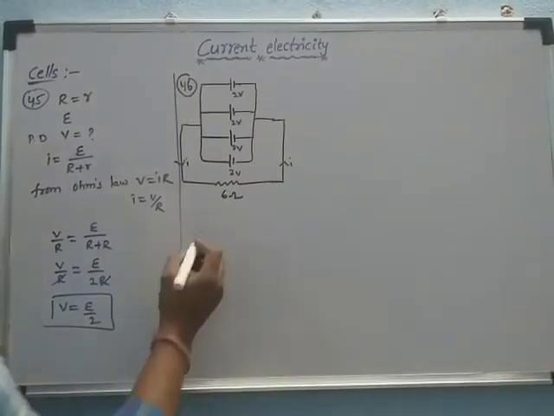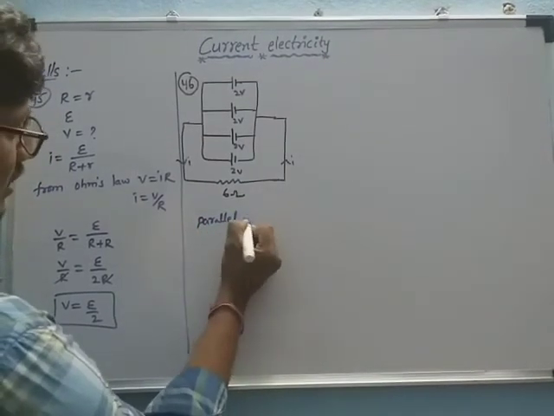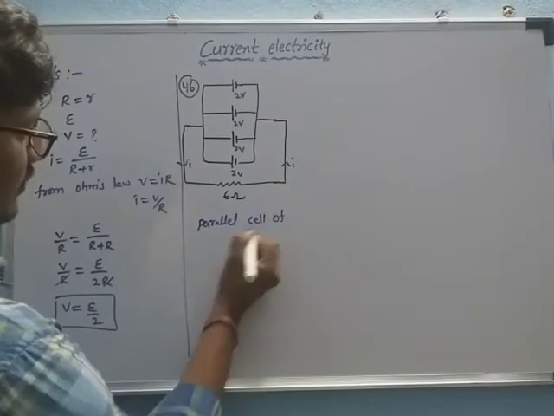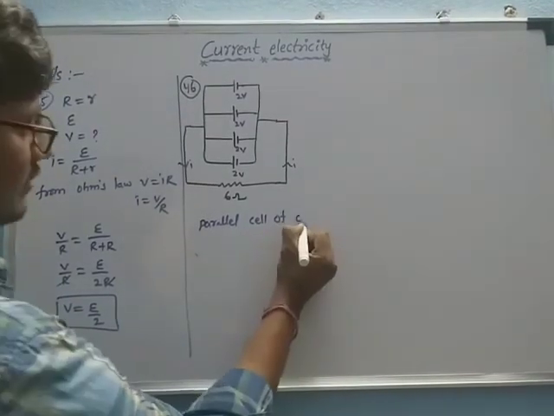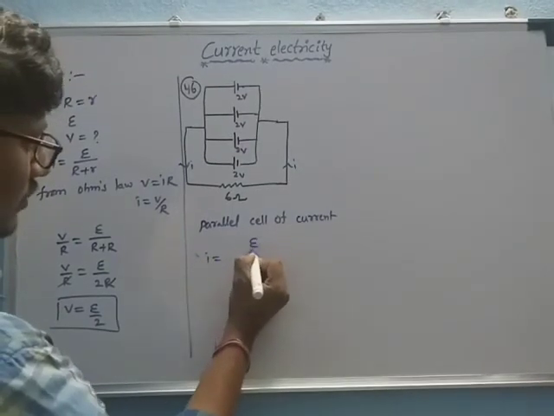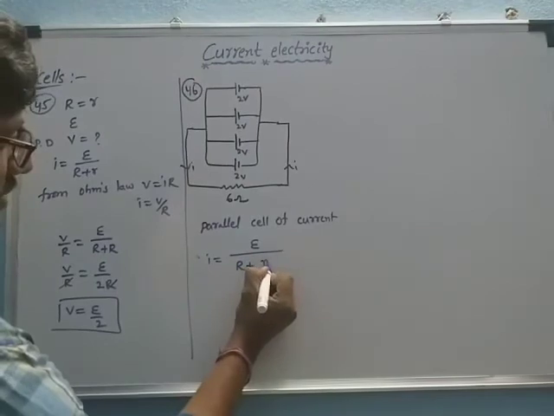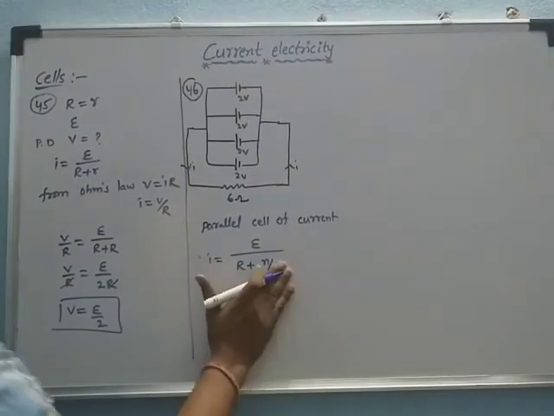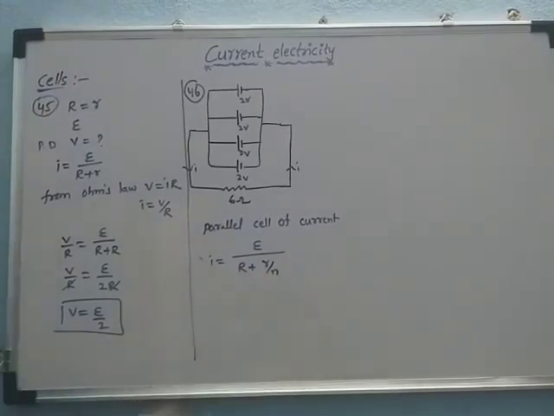For parallel cells, current I is equal to the total EMF divided by external resistance plus r by n, that is, internal resistance by number of cells.